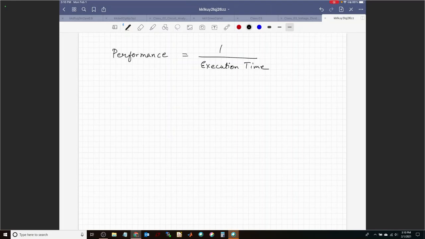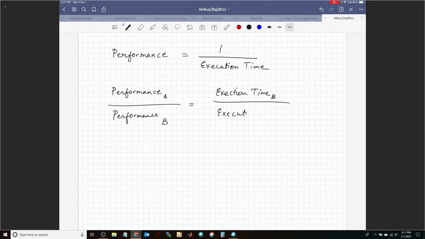And if you were trying to compare the performance of two computers, say A and B, then performance of computer A divided by performance of computer B is execution time B divided by execution time A. Inverse. And if this comes out to be some factor n, what can we say then?